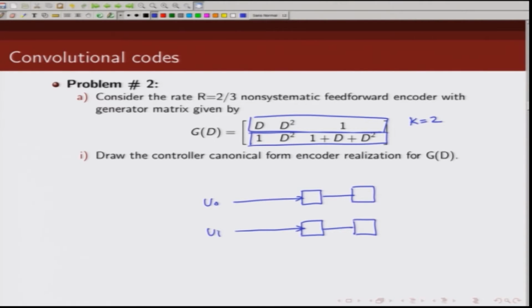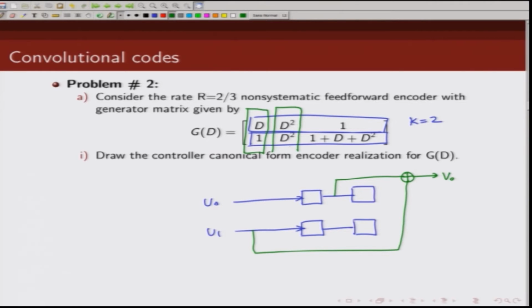Now, there are 3 outputs. So, the outputs are, this is one output, D times the first input and 1 times U1. So, D times the first input is this and 1 times the second input. So, that is this. This is your first coded bit. Let us call it V0. Now, what is the second coded bit?